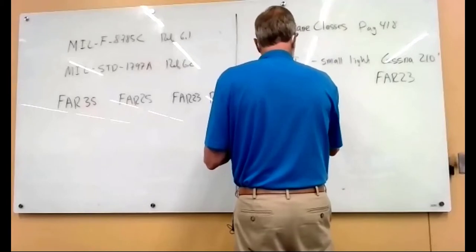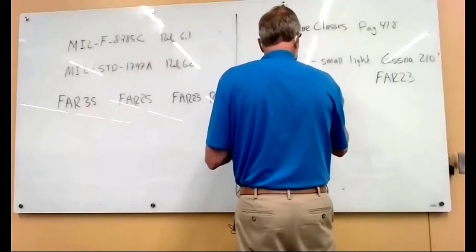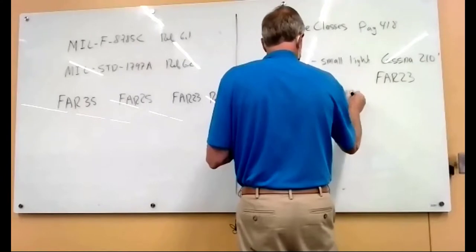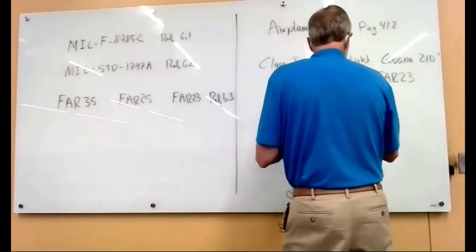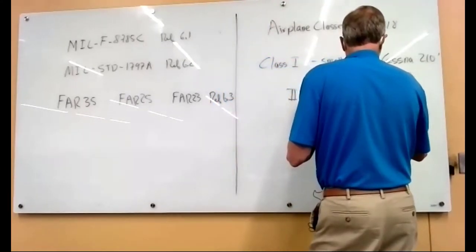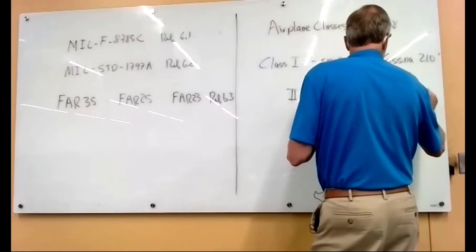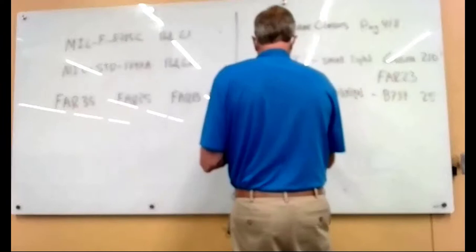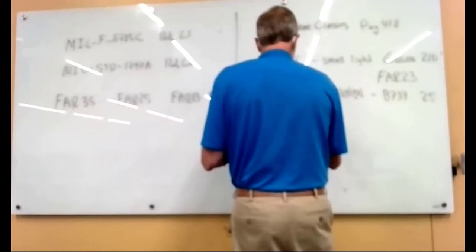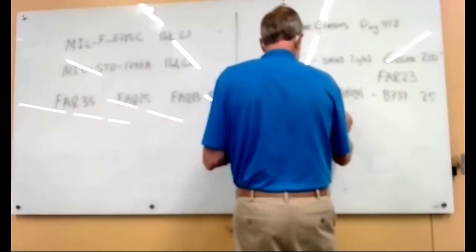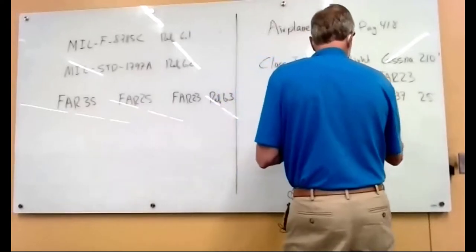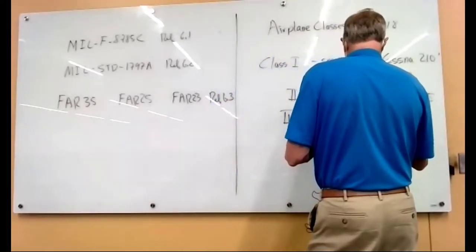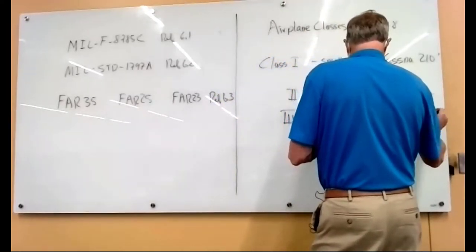So these are medium weight, this is like a Boeing 737, and that's part 25. Class 3 are heavy, large, so this would be like a 747. They're in part 25.